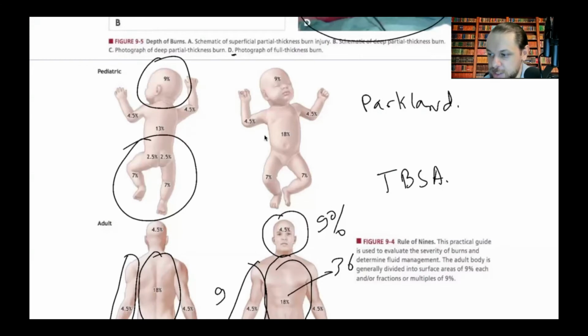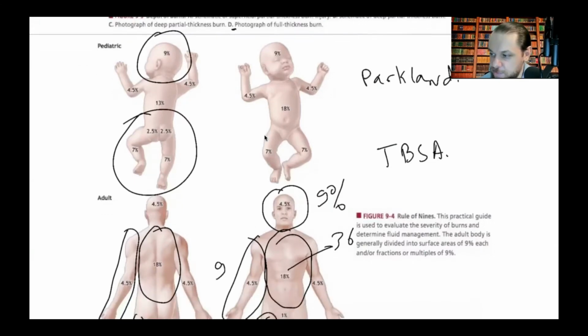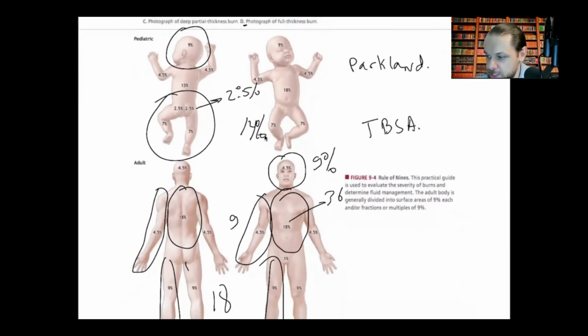So you see 7 and 7 for each of the legs, essentially, front and back, which will be 14%, and 2.5% for the buttocks area. So next time, if you're taking the test, what you want to do is remember to take roughly 4% from the legs and put it to the head when you're dealing with the pediatric patient. So their head is the bigger size.